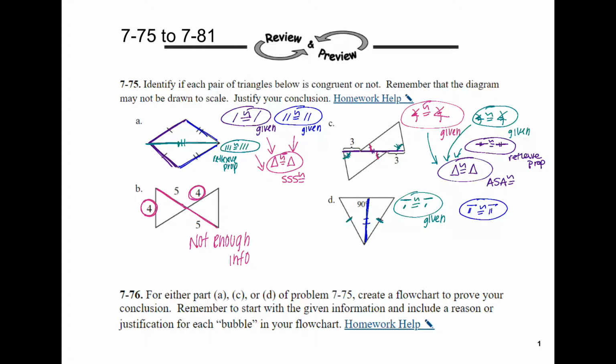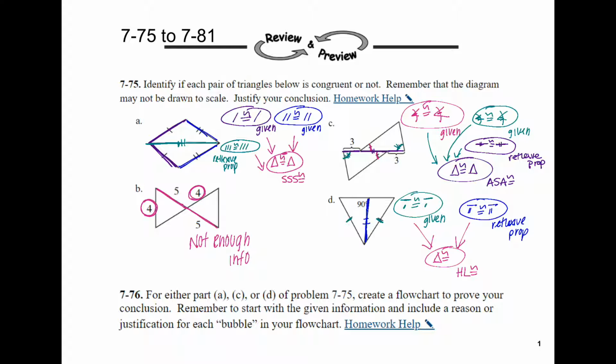So the shared side, which I'll represent with two tick marks, then can lead us to the fact that these two triangles are congruent based upon the hypotenuse-leg congruency theorem.